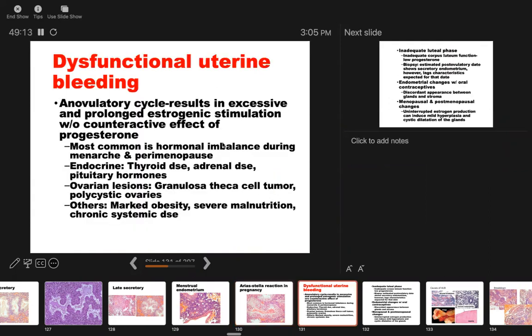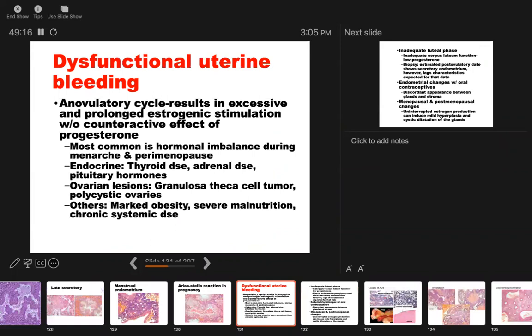Now, let us go to DUB. An OB-GYN usually submits a specimen to us because of DUB, dysfunctional uterine bleeding. Usually, abnormal uterine bleeding can be caused by a well-defined pathologic condition, like for example, endometritis, polyps, or myomas, neoplasm, or hormonal imbalance.